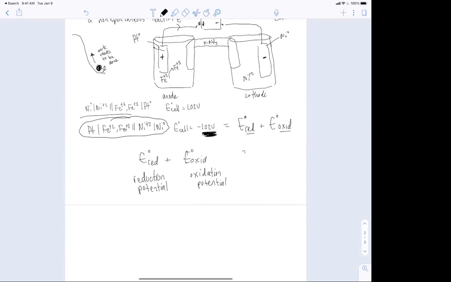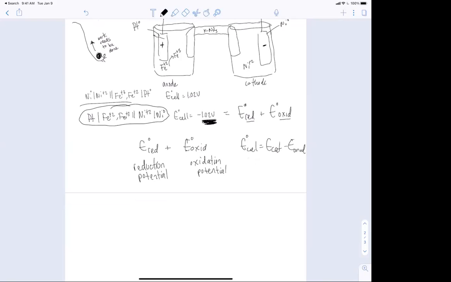Whereas this equation is E cathode minus E anode, or E reduction minus E oxidation. I guess it's confusing because it just depends on how they're talking about what the potentials are, but these are both reduction potentials.